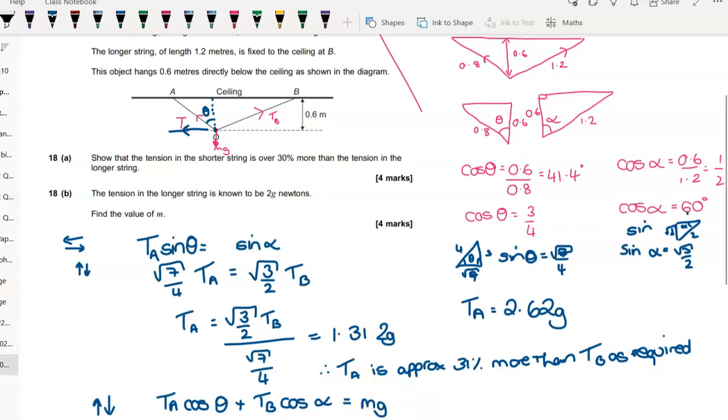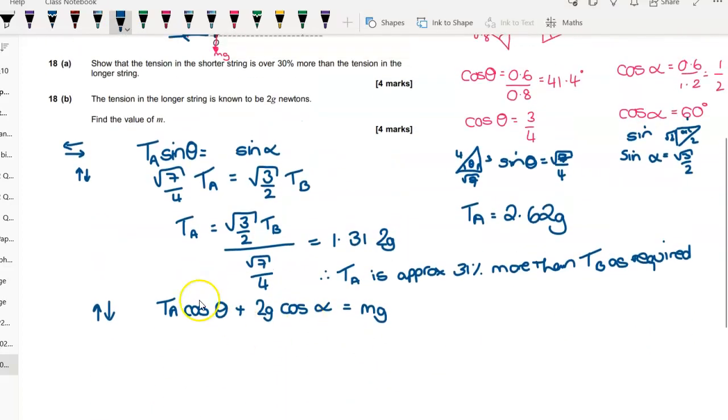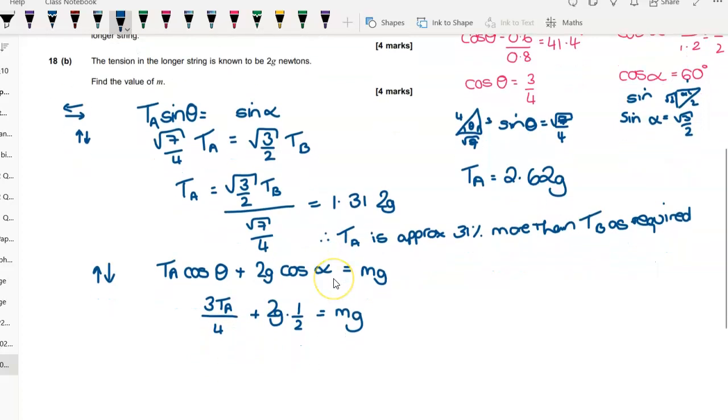Okay. Now we know that TB is 2G, so I should have put that in instead of being silly like I am. So 2G. From earlier, we know that cos theta is 3 over 4, so 3TA over 4 plus 2G times our cos alpha, which was a half, equals mg. TA, we know is 2.62G from earlier.